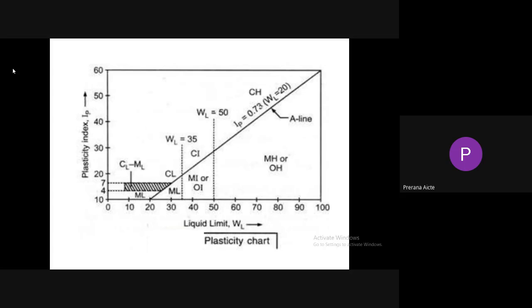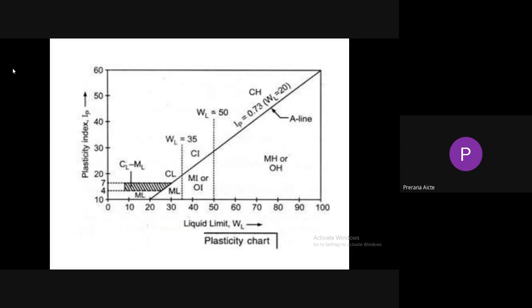The equation gives the height of the A line from the x-axis. For example, at 20% liquid limit, the height of the A line equals 0: 20 minus 20 is 0, and 0 into anything is 0. Suppose at 50 liquid limit, if you calculate the height of the A line, how can we calculate?